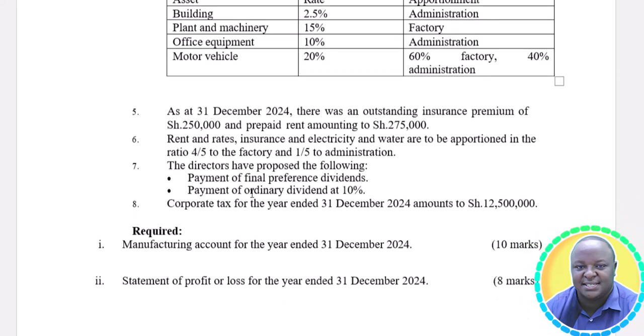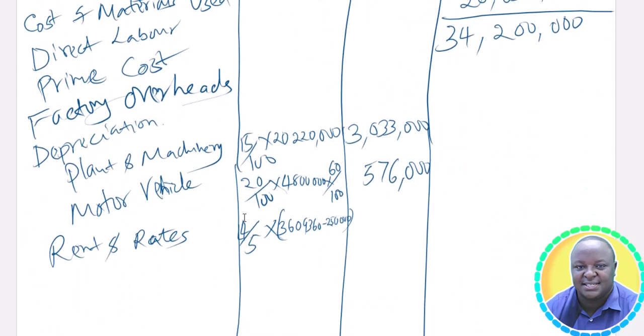The prepaid amount for rent is 275, so minus 275.